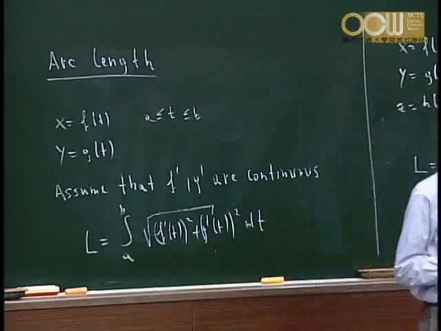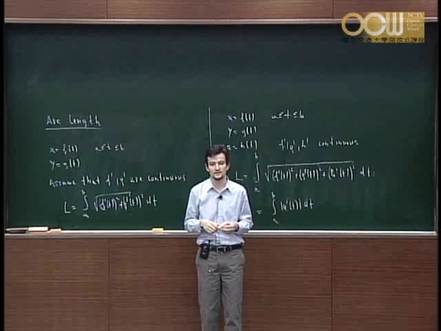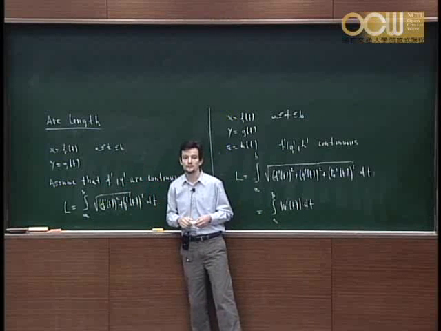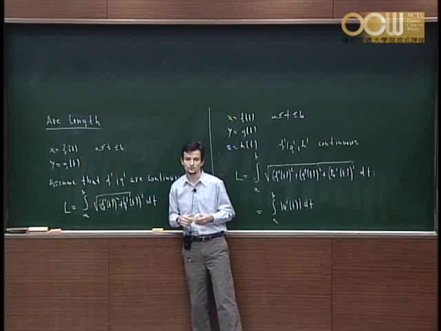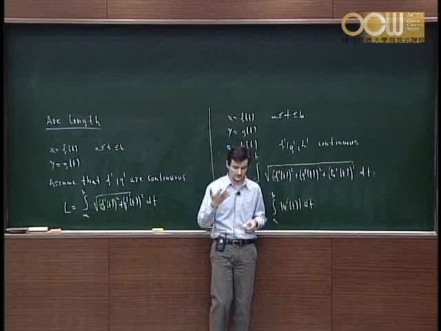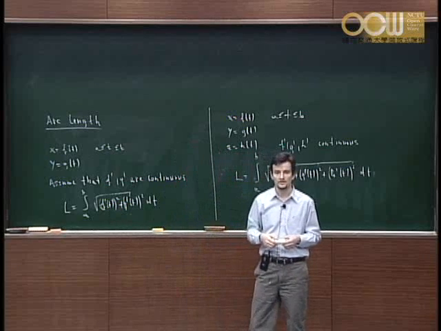That also works. You just start somewhere different and run around differently. So for one given plane curve, there are many different parameterizations, but this formula will always give you the same value, because the arc length should be independent of the parameterization.